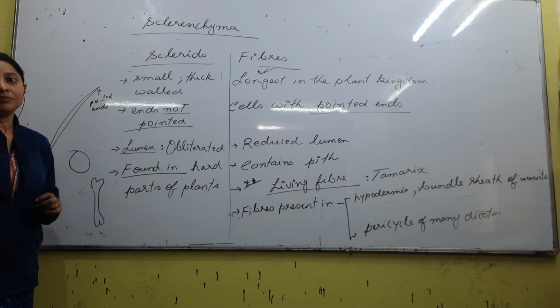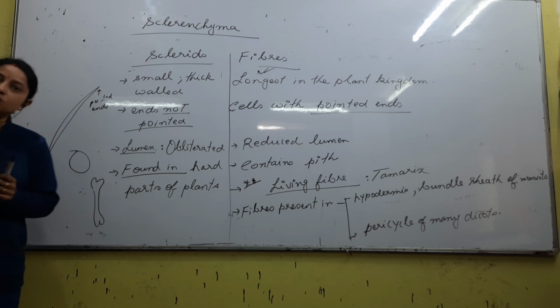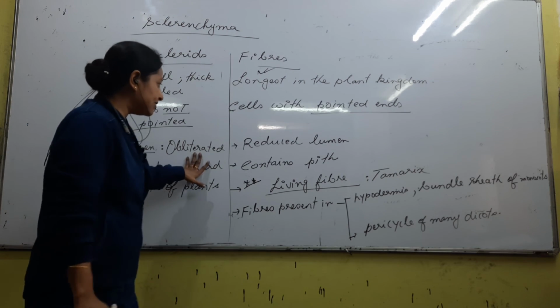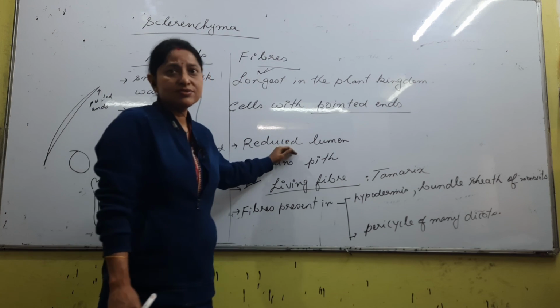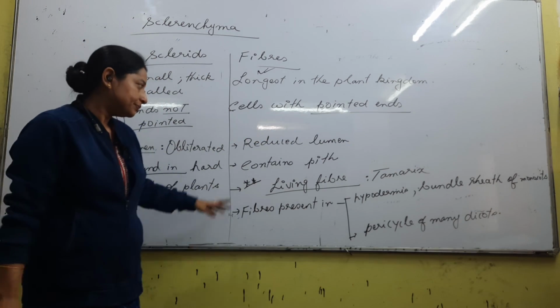Obliterated means not well defined, not a proper shape. If you consider a plastic bottle crushed by hand, it becomes distorted, and that is what is called obliterated. They have an obliterated lumen, a reduced lumen or almost absent, because deposition is there.